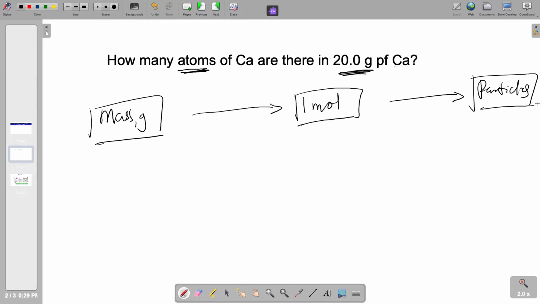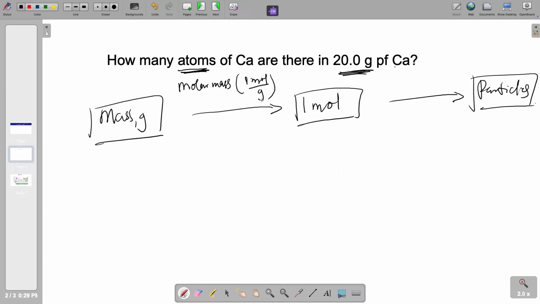Okay, so to go from mass in grams to 1 mole, we have to use an inverse of the molar mass. So we flip it. So I'll just say molar mass here, but here we'll have 1 mole on top over grams, because we are going from mass to moles.